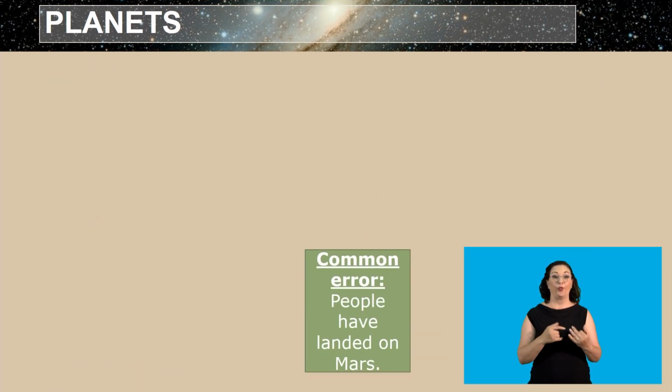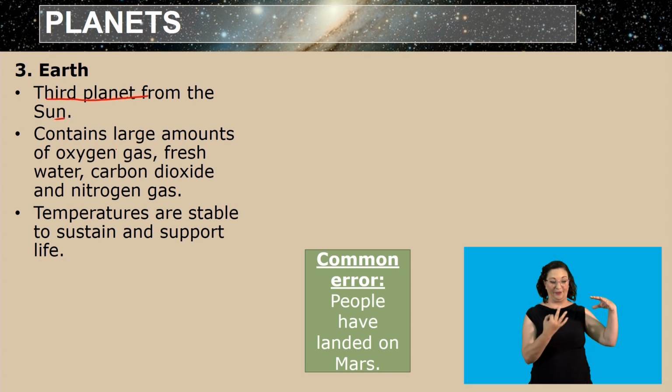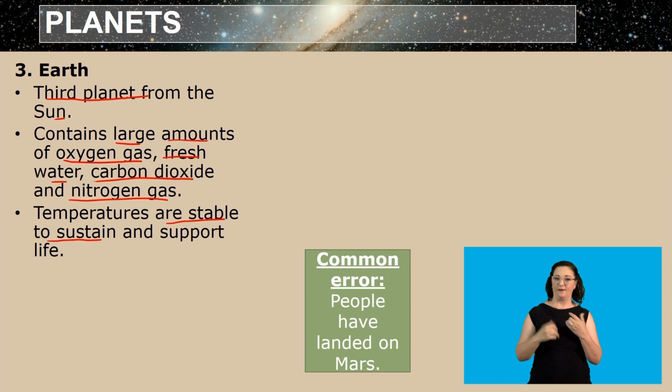We are going to look at the third planet, which is planet Earth, where you and I live. All right. So planet Earth is the third planet from the sun. It contains a large amount of oxygen gas, fresh water, carbon dioxide, and nitrogen gas. Temperatures are stable to sustain and support life.